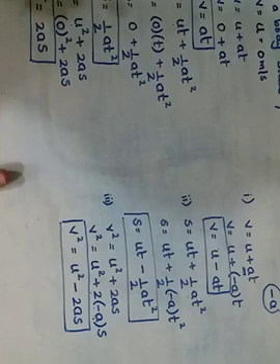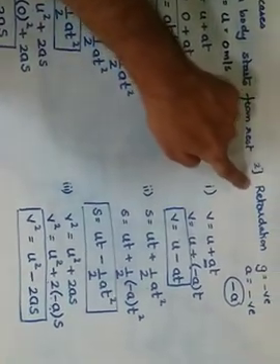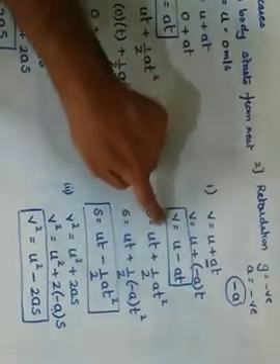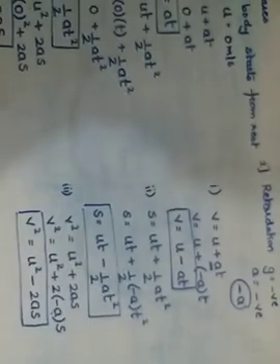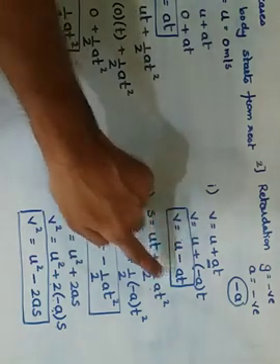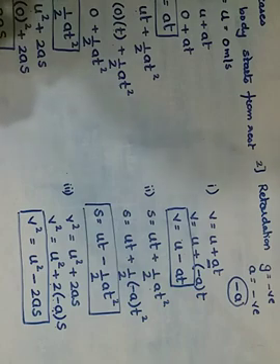So in this second special case about retardation, wherein we have changed the value of a to be negative, the equations become v is equals to u minus at, s is equals to ut minus half at square, and v square is equals to u square minus 2as.